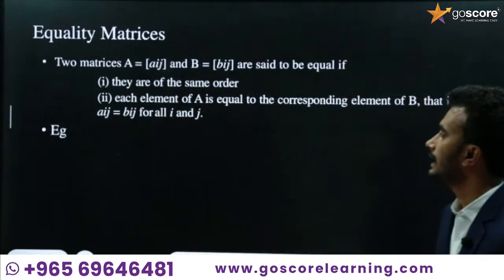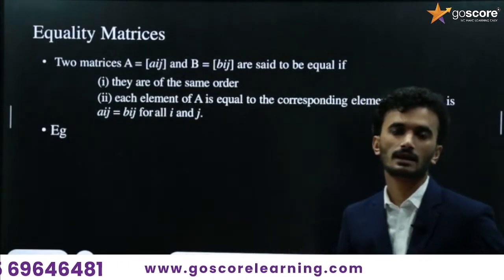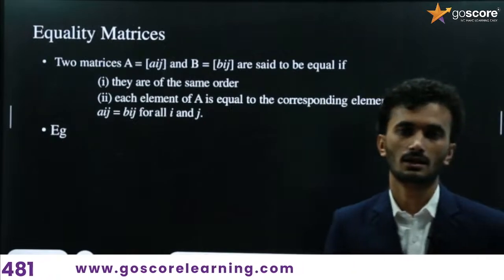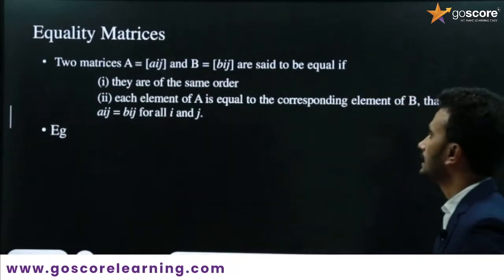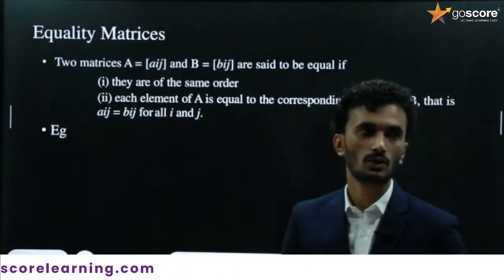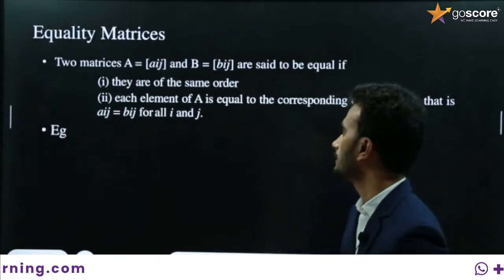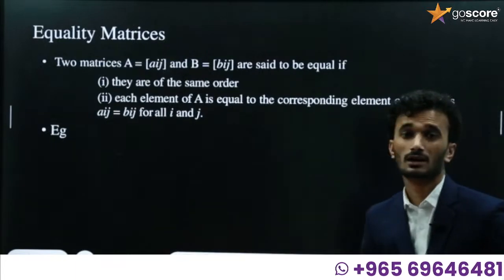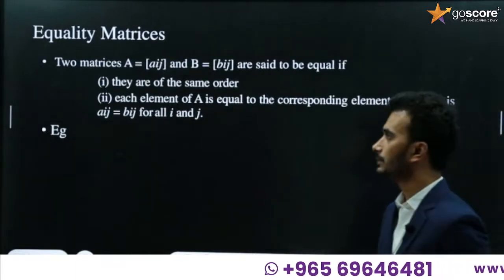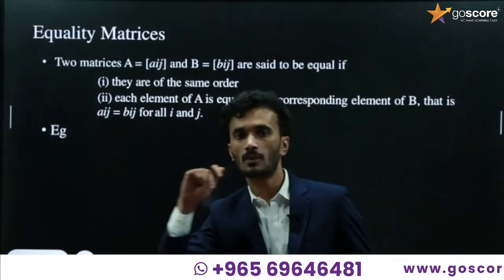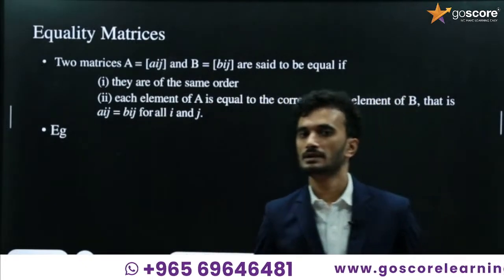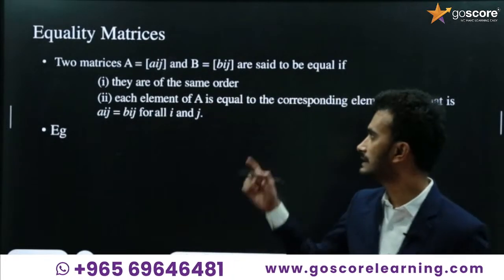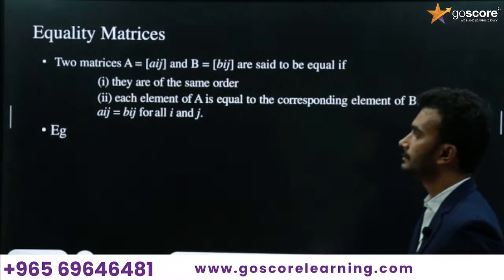So I am taking the elements Aij and Bij. If we are taking two matrices, A equal to Aij and B equal to Bij, they are said to be equal. This concept is very important. They must be of the same order, otherwise it is not an equality of matrices.